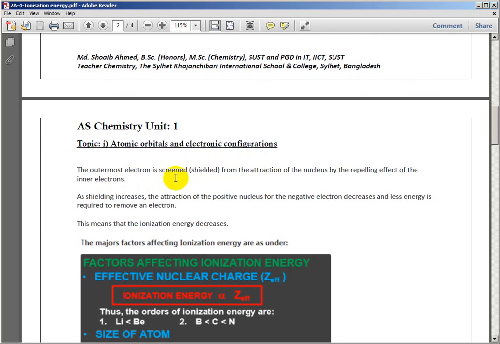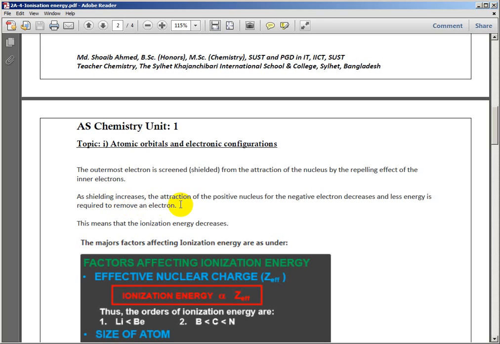The outermost electron is screened or shielded from the attraction of the nucleus by the repelling effect of the inner electrons. As shielding increases, the attraction between the positive nucleus and negative electrons decreases, so less energy is required to remove an electron. Shielding means electron repulsion, not attraction.